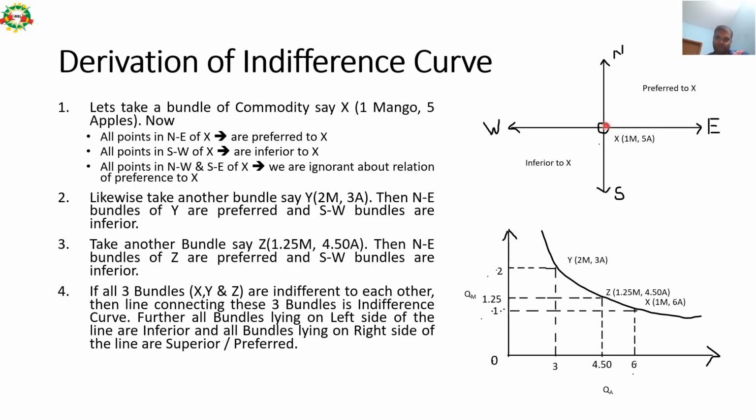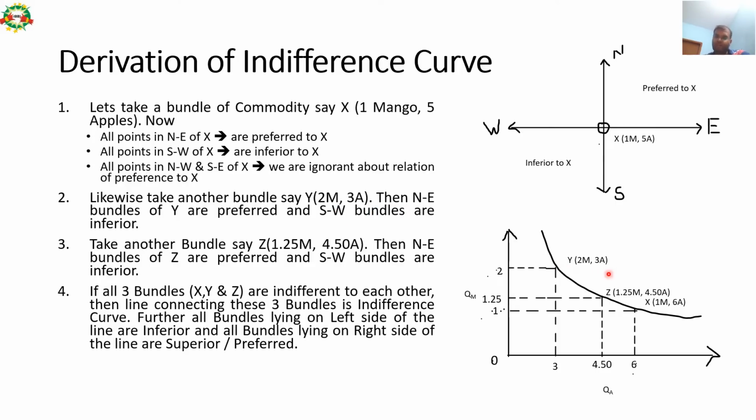And for the northwest zone and southeast zone, you cannot say anything about them as compared to X. Likewise, take another bundle of mangoes and apples, say Y, which is 2 mangoes and 3 apples.